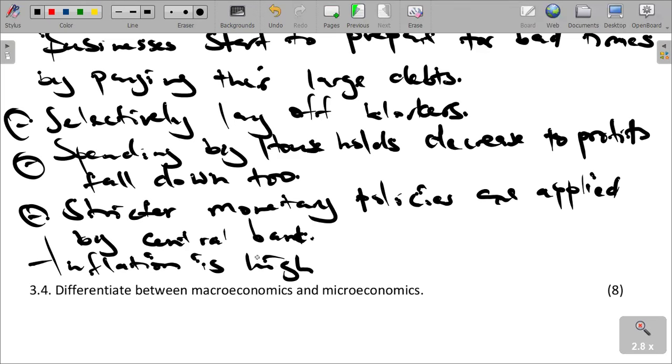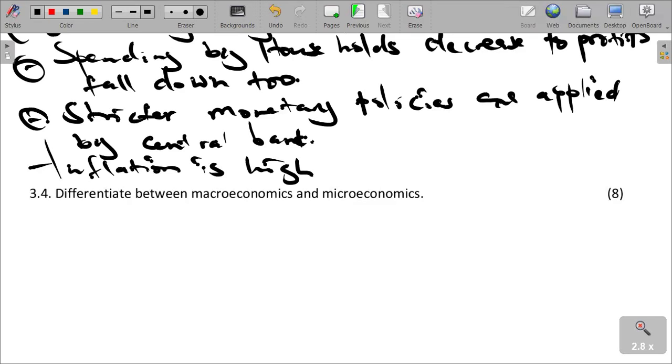So the central bank has to put in place policies that can protect them in that respect. They use policies that can support and enable the economy to survive.